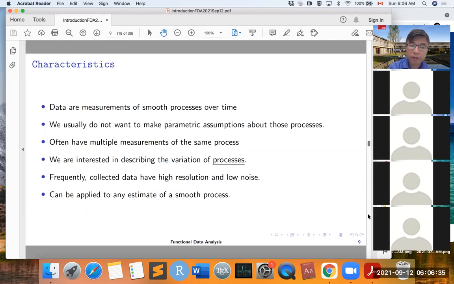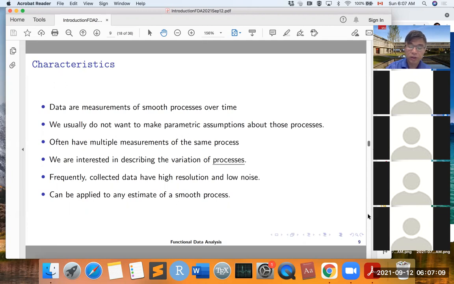We have multiple measurements on the same process, repeated measurements, and we are interested in describing the variations of the process. Generally, functional data are collected in high resolution with low noise, but as I will show, this is not a requirement now. Functional data can be sparse, so it can be applied to any estimate of a smooth process.